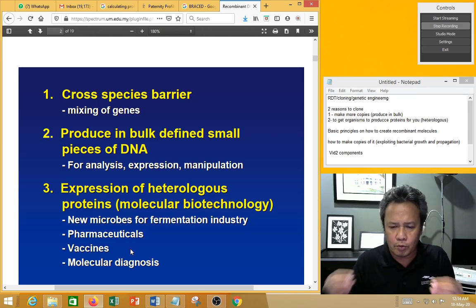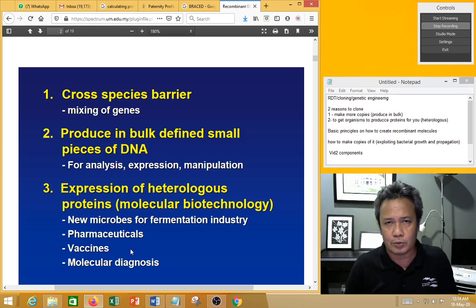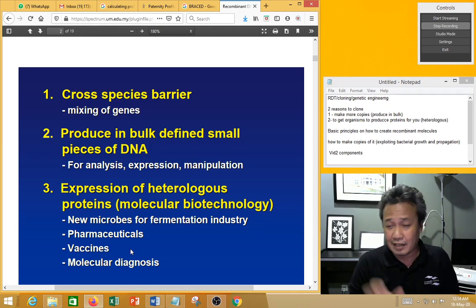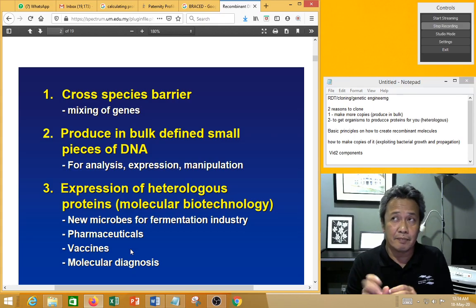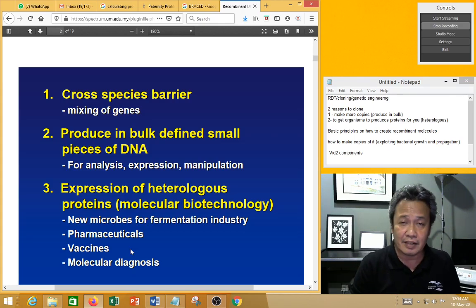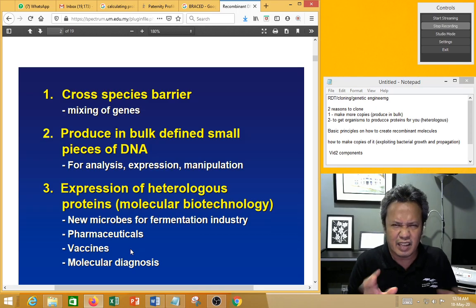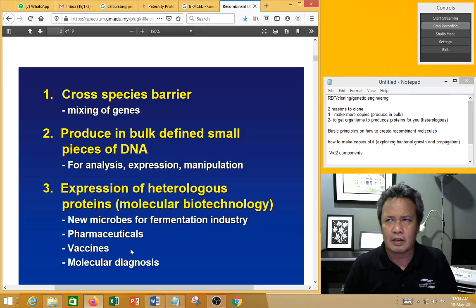So if you put in a fragment that contains exons and introns in bacteria, the bacteria will not be able to process it. So basically what you put inside bacteria are just the exons, right? You have to process it before you put it in the bacteria. Okay, so those are some of the considerations.